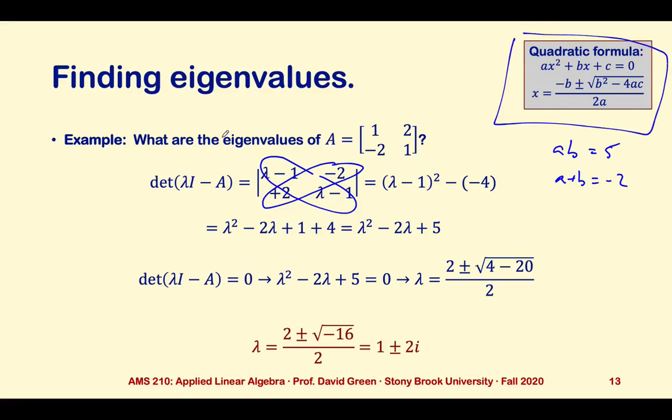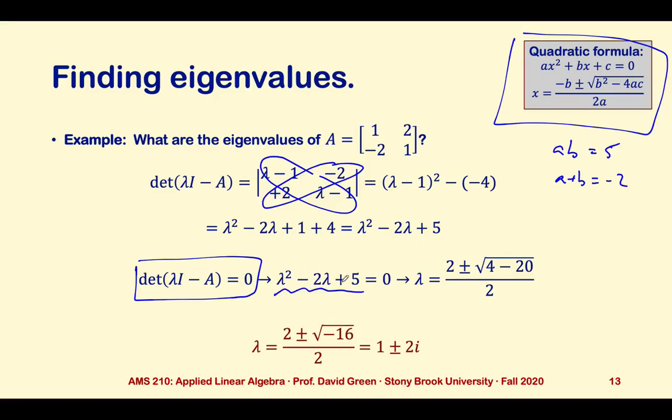With 2 by 2 matrices, we can always use the quadratic formula to help us find eigenvalues. So we want the characteristic polynomial, a quadratic in lambda, to equal 0. We simply plug these values into the quadratic formula. In ax squared plus bx plus c, we have an a of 1, a b of -2, and a c of 5.